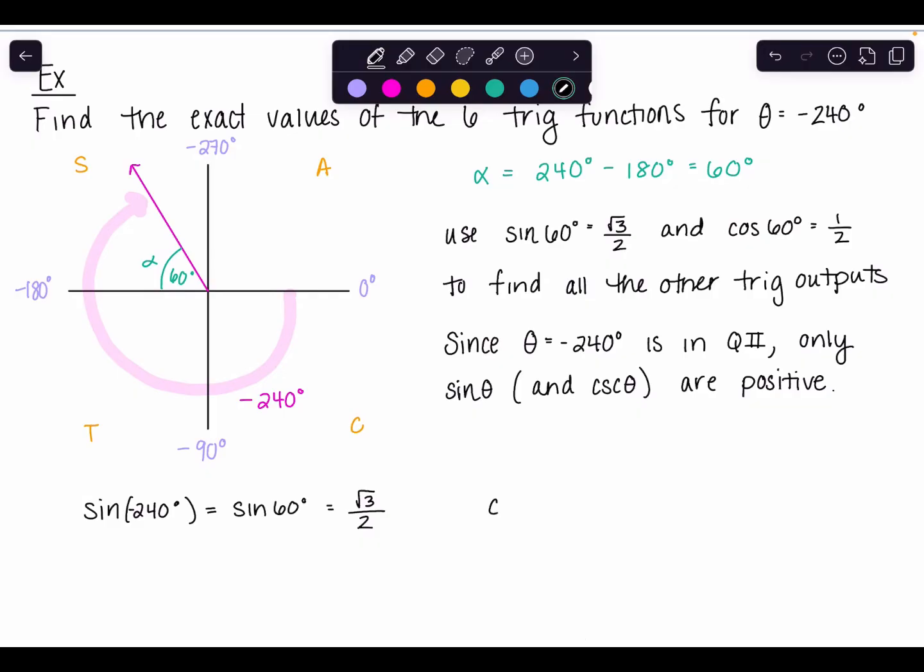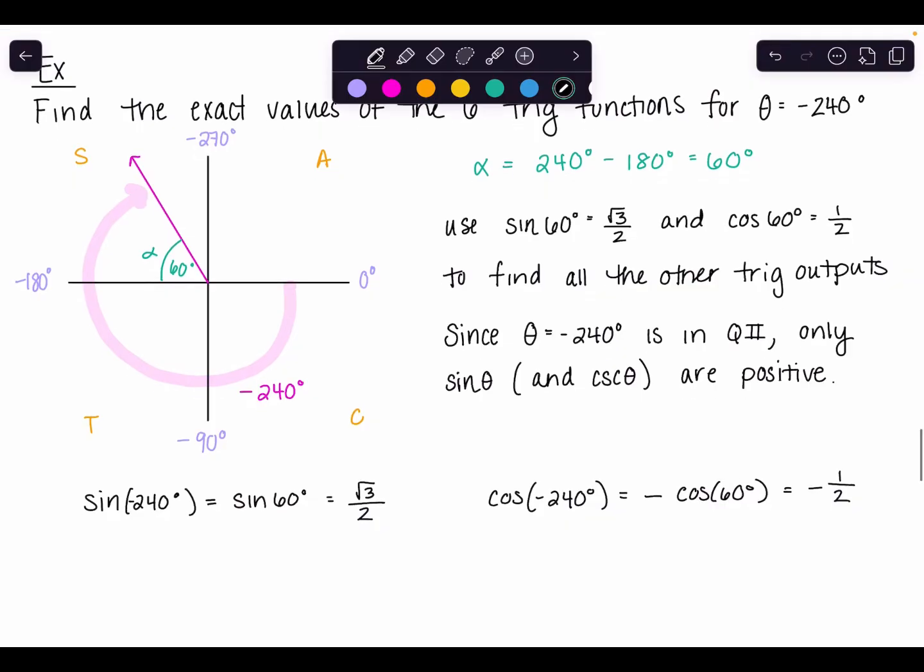So if I look at sine of negative 240 degrees, it is positive, and it's exactly the same thing as sine of 60 degrees. You get root 3 over 2.